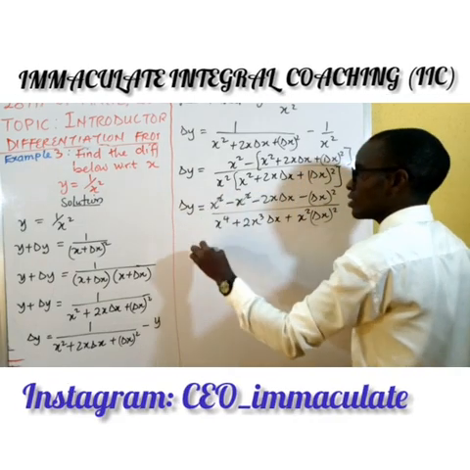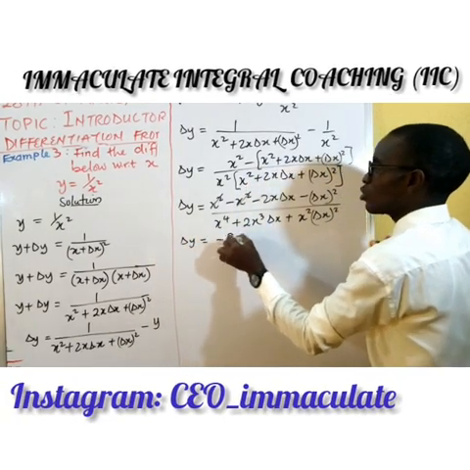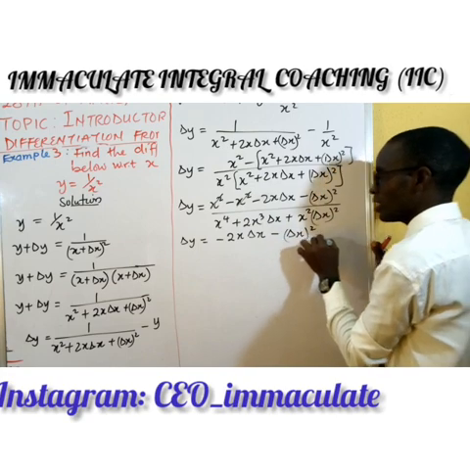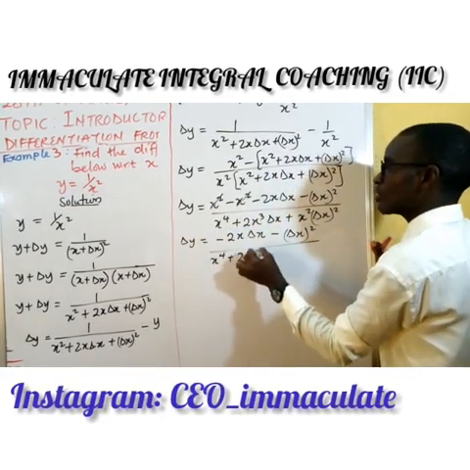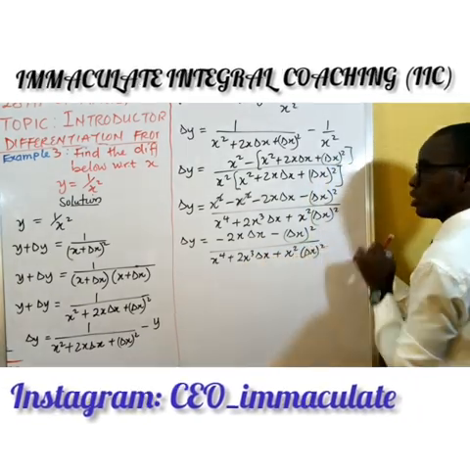So this will cancel this. Okay, δy will now equal minus 2xδx minus δx squared over x to the power 4 plus 2x cubed δx plus x squared δx squared.